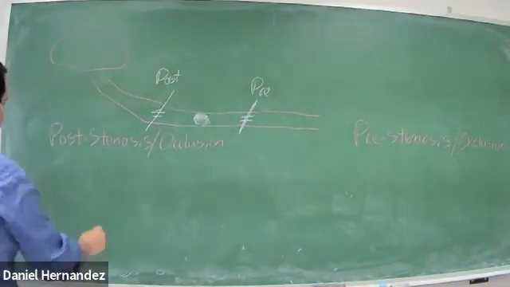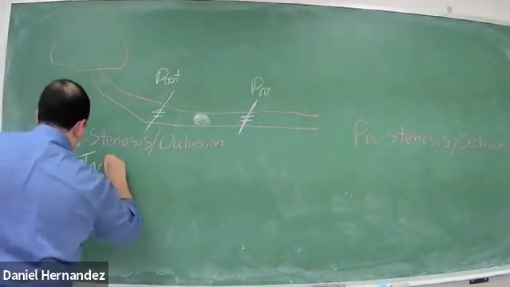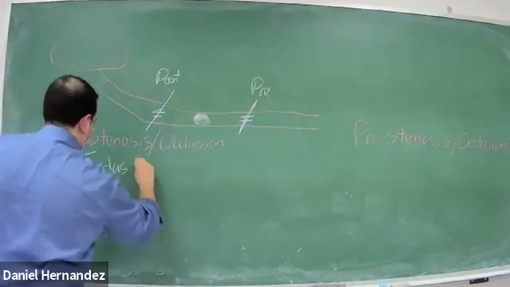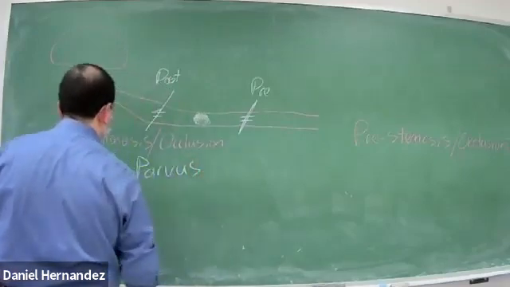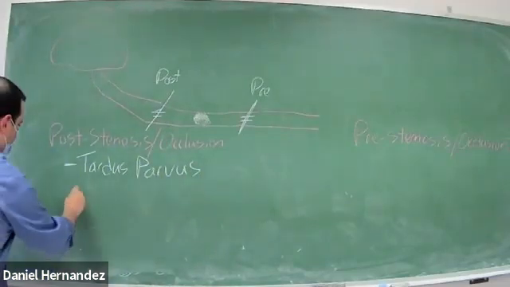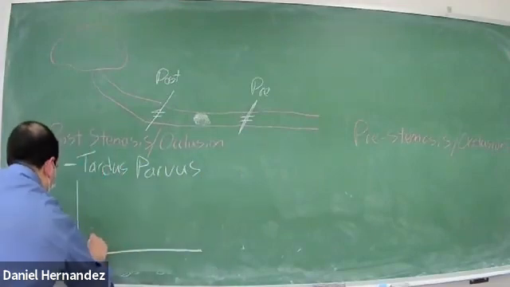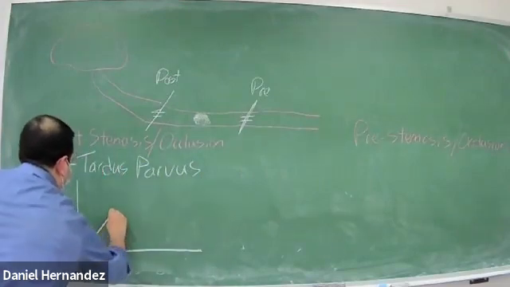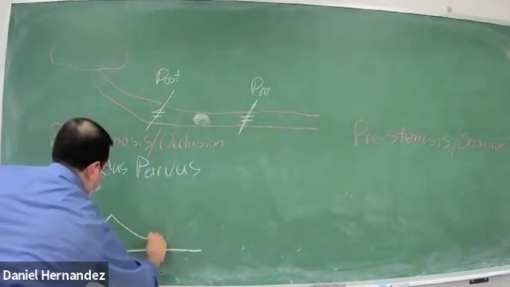So our post-stenotic waveform, this is going to be that tardus-parvus waveform. So we're going to have that slow systolic upstroke and slow downstroke.